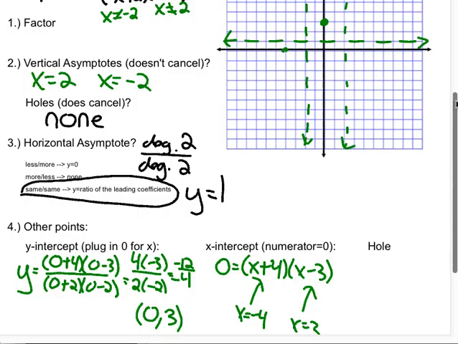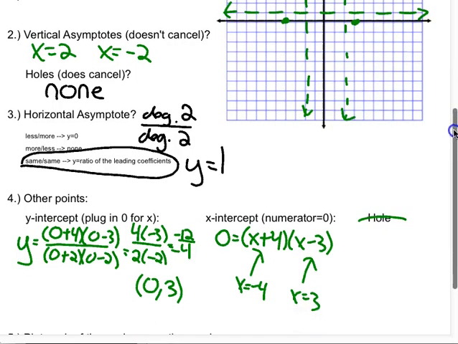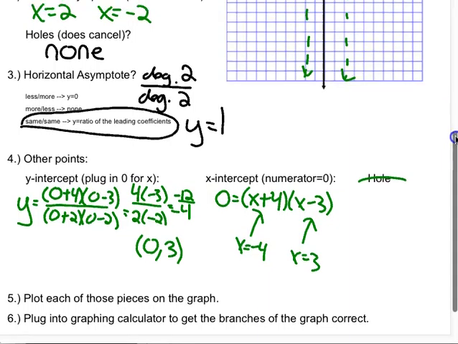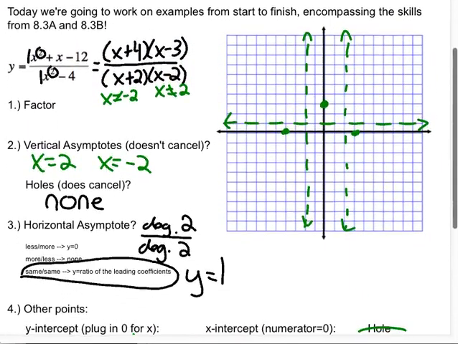So I have 1 back here and 1 right there. And we already said we don't have any holes this time. So that's what I've got so far.